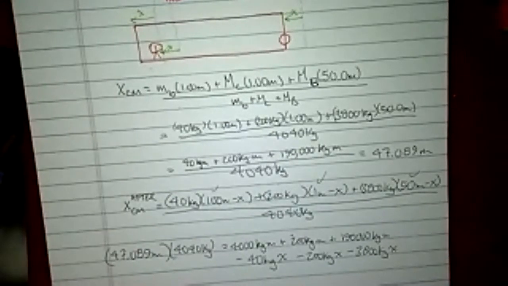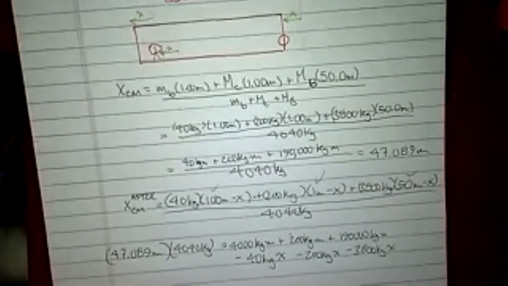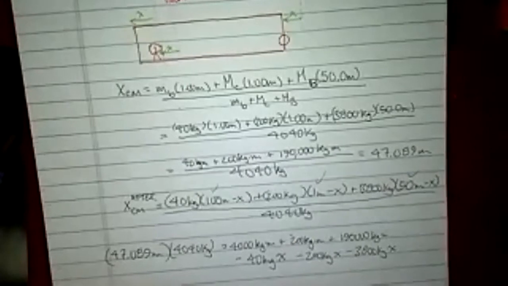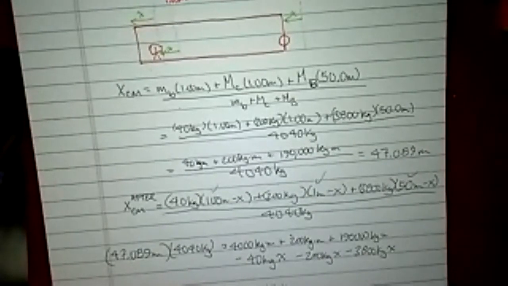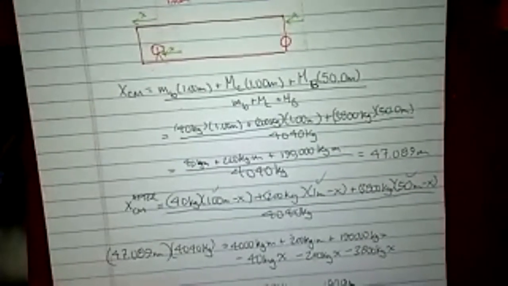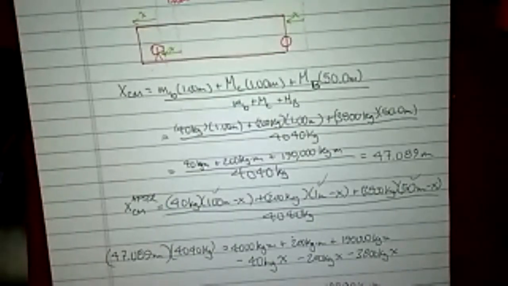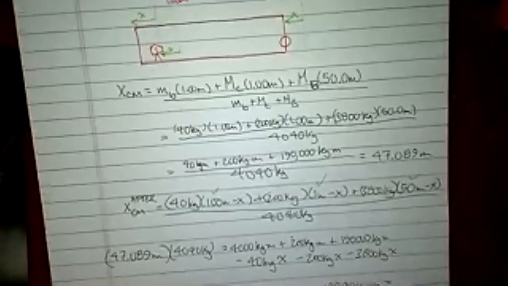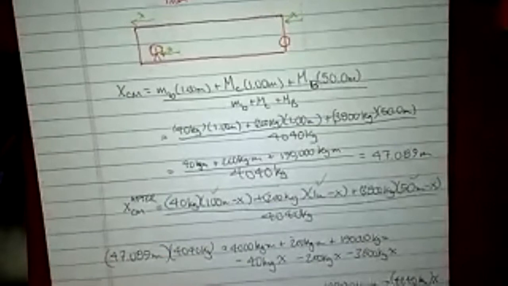And of course, I'm going to subtract from that 4,000 kilograms times meters, minus 200 kilograms times meters, minus 190,000 kilograms times meters. And all that will be equal to, notice this is 4,040, so this will be 4,040 kilograms times x.